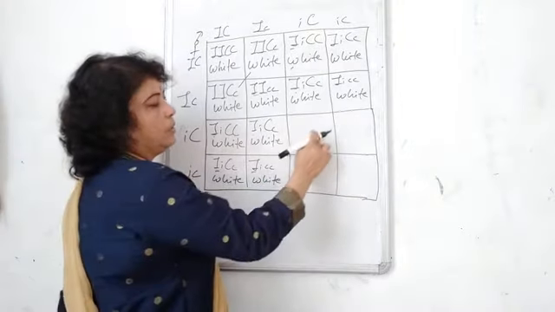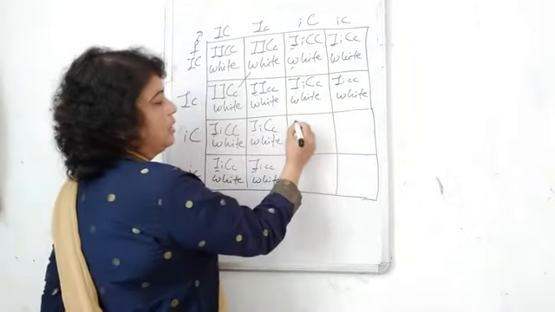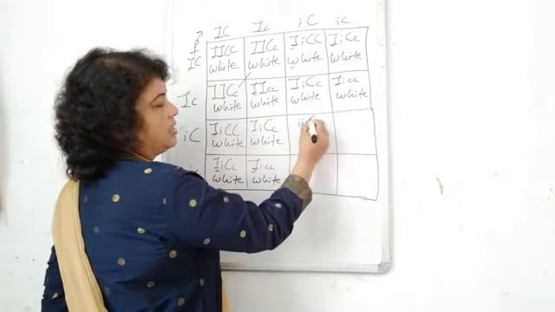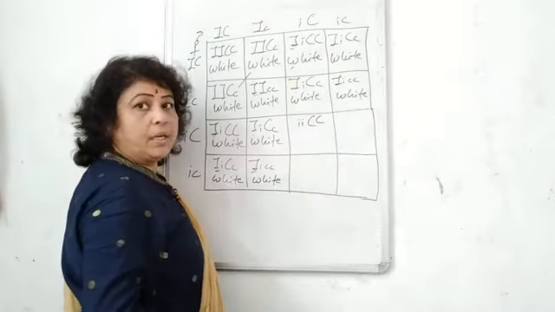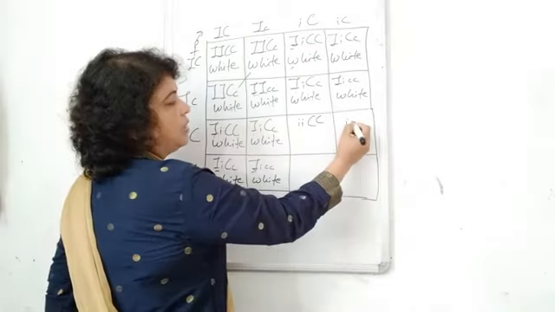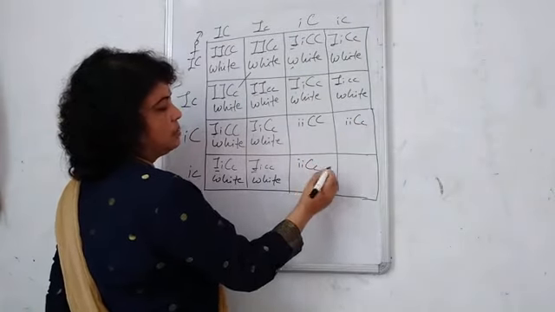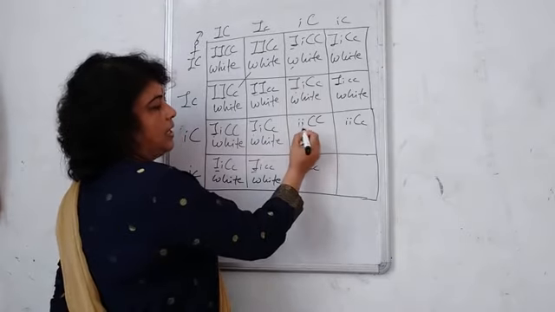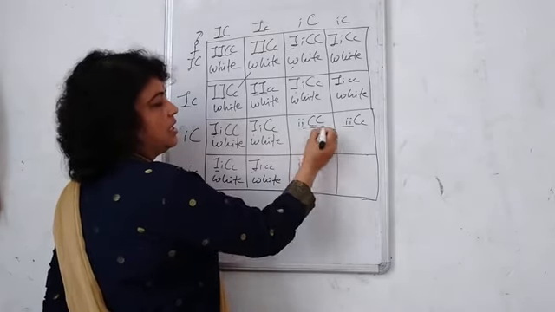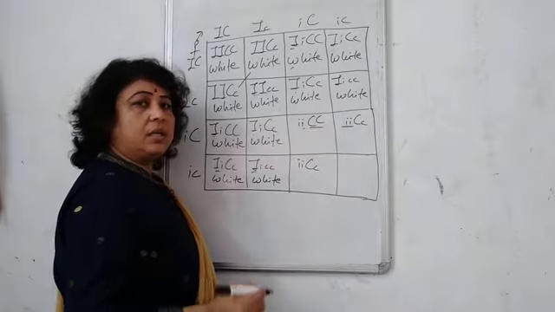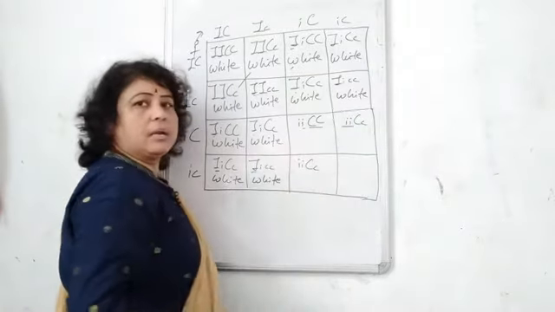Okay. Now these 3. So here the I is in recessive condition, C is in dominant condition. So small i, capital C, small c, small i, capital C, small c. So here I is in recessive condition and C is in dominant condition. It may be homozygous or heterozygous.